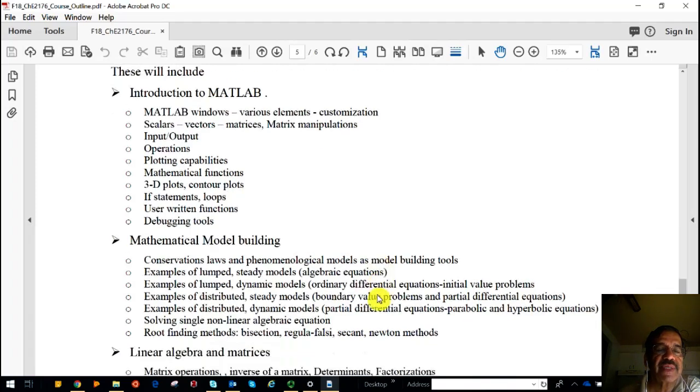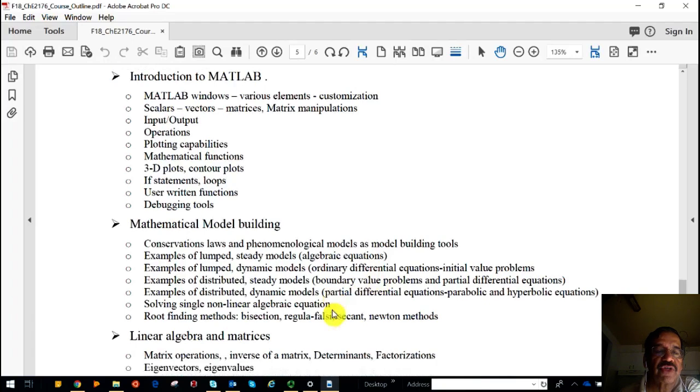The next subsection will be extending what you have learned in 2171 on mathematical modeling. So we will build a variety of different models using the principles we have learned in 2171 to build models of very different category, like lumped and distributed models, and we will see what they are as we go down in the lectures in future.